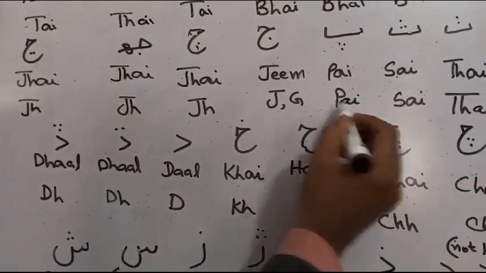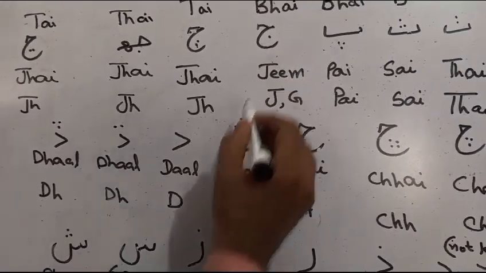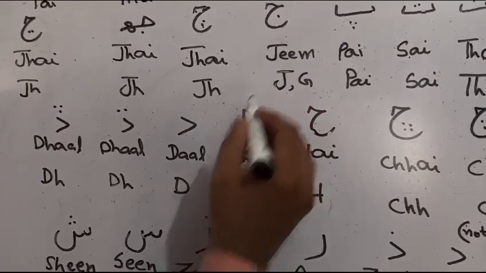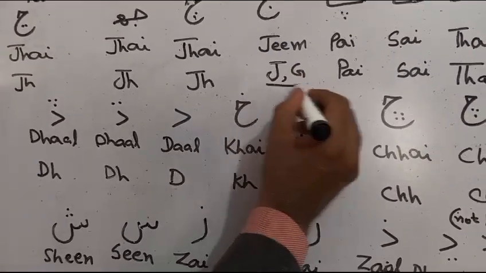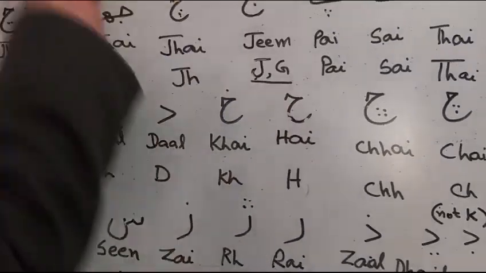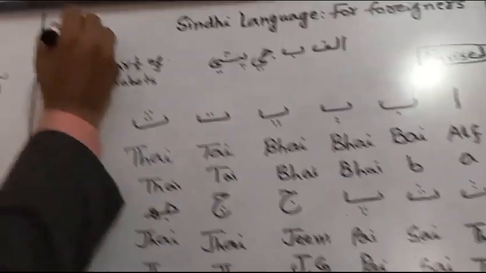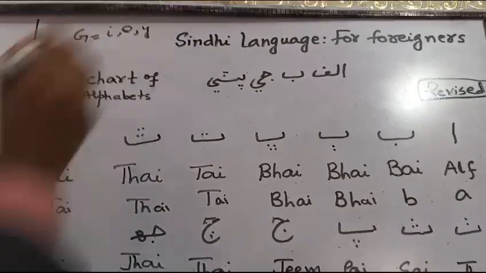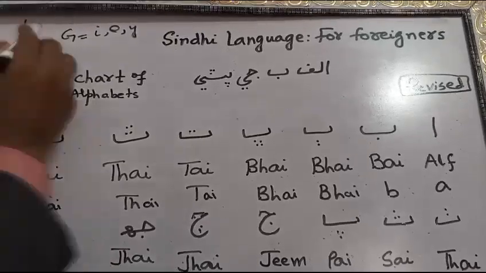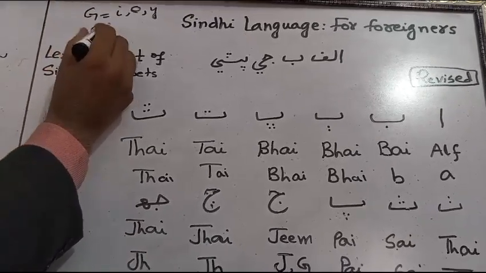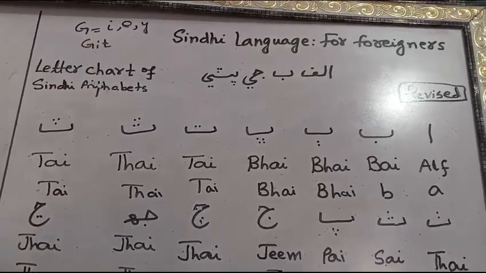Se. Pe. This one in Sindhi we say Jim. In English, we use G and J. Both letters are used for this Jim. For example, when I, E or Y comes after G, the sound becomes Jim. For example, G-I-T is pronounced JIT, not GIT.